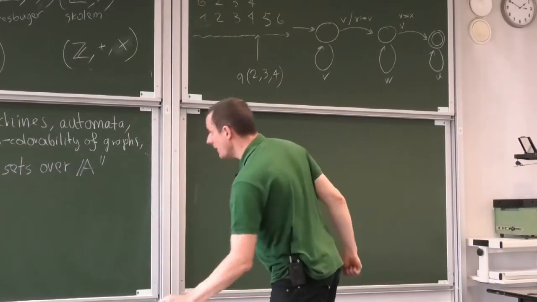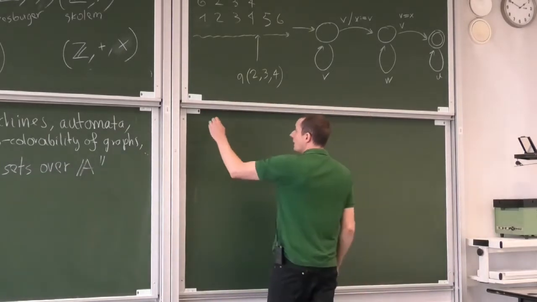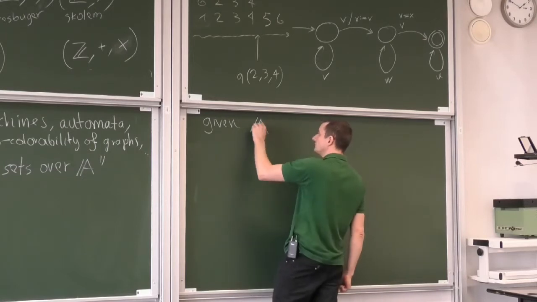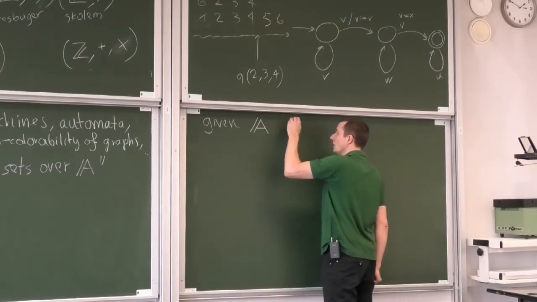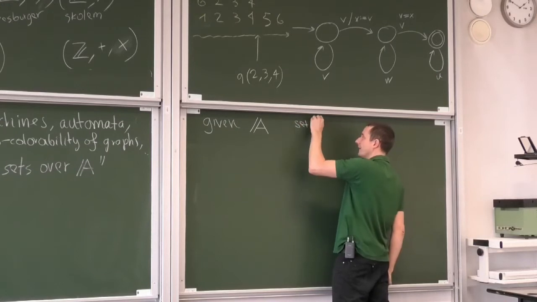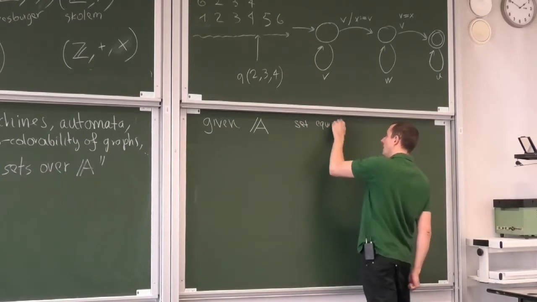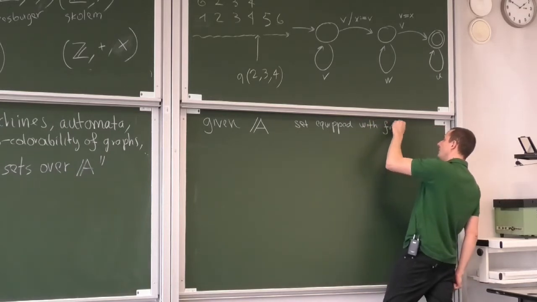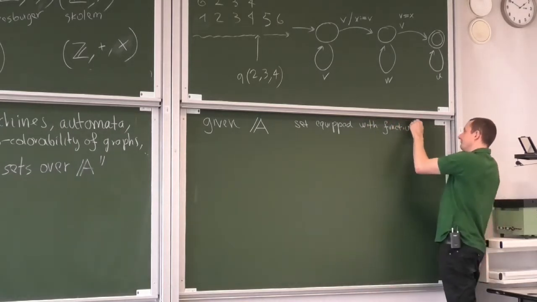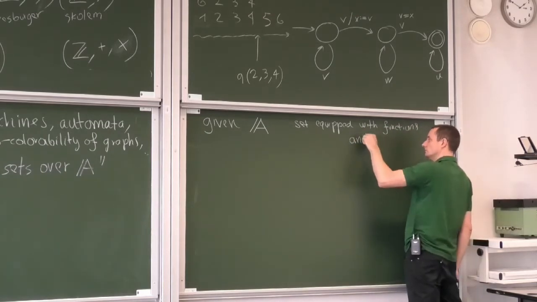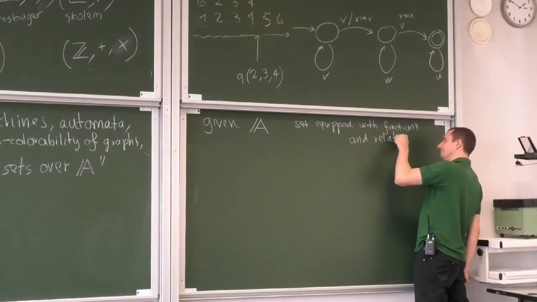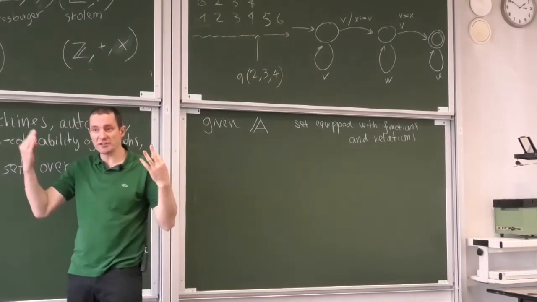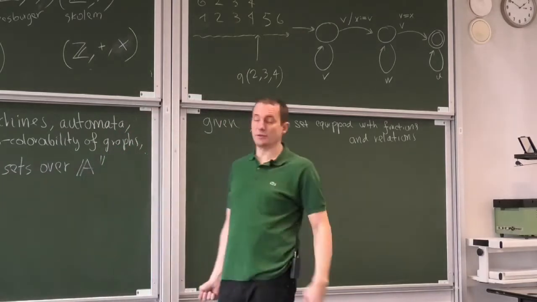So what we need for this program to work is, given a structure A, so this is a set equipped with functions and relations, so like these things, so it's a structure in the sense of logic, okay, in the sense of model theory.